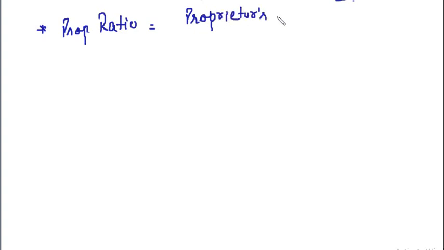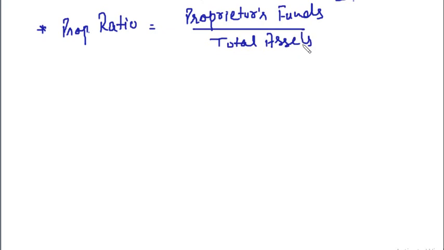So what are own funds, or what are the proprietors funds? First of all, the proprietary ratio is the relationship between proprietors funds divided by total assets.